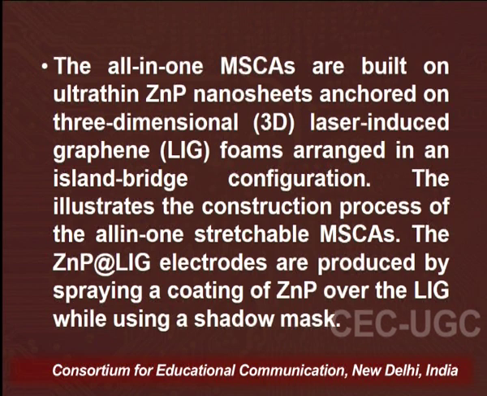The ZnP-decorated LIG electrodes are produced by spraying a coating of ZnP. We have an electrode, then ZnP will be coated on it over the LIG using a shadow mask that we can see in the diagram.